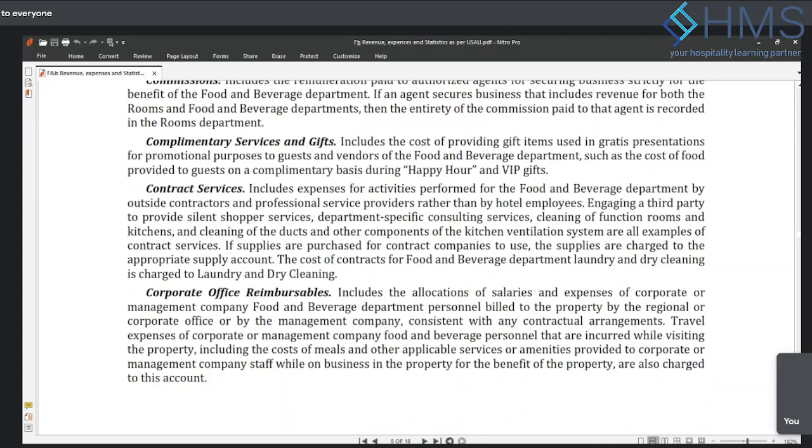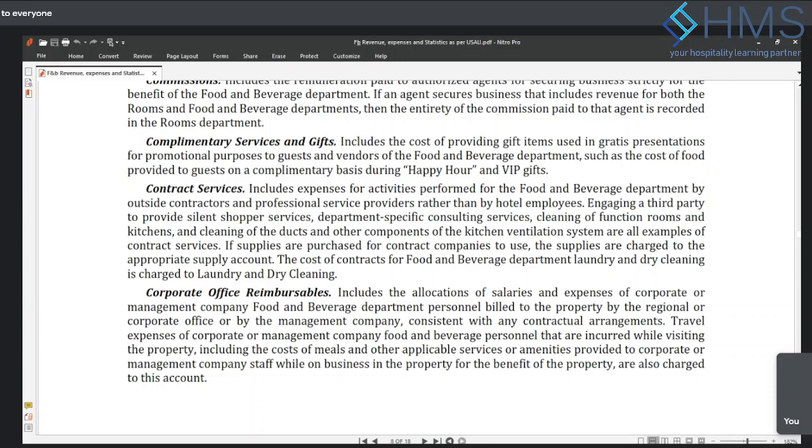And you may have certain contract services like music, entertainment, mystery shopper services, or cleaning of function rooms, kitchens, or ducts. So specific things which you have contracted out to third parties would be in the contract services.